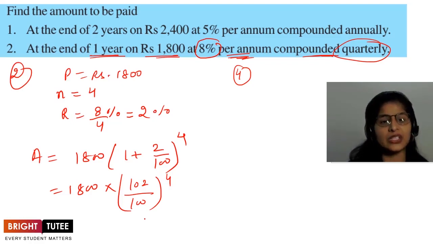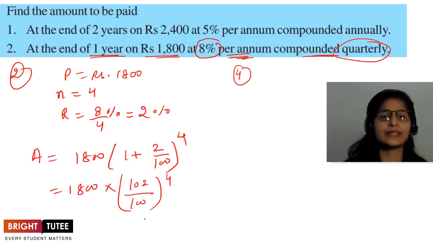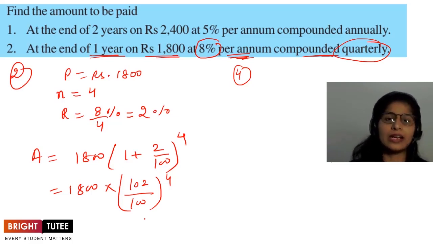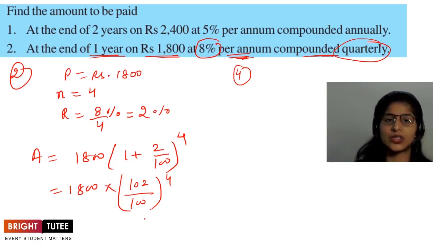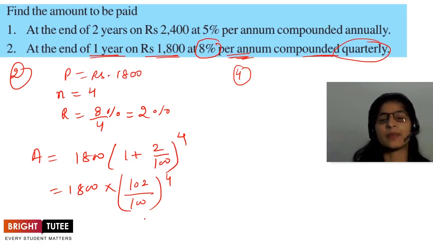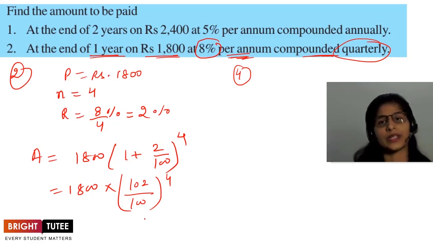You can cancel 102 and 100 with 2, and then solve it out. So this is how you get the amount at the end of 1 year. Whenever quarterly is written, we take n as 4 because there are 4 quarters, each of 3 months. Rate will also be calculated quarterly, so it is 8% per annum; for a quarter it will be divided by 4, that is 2%.